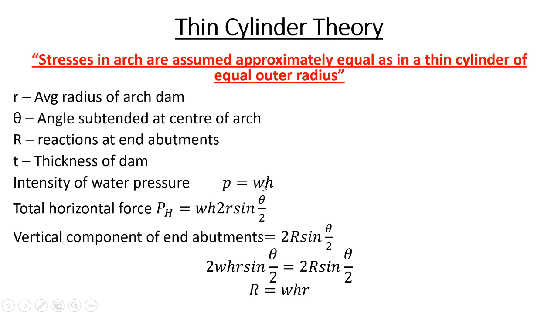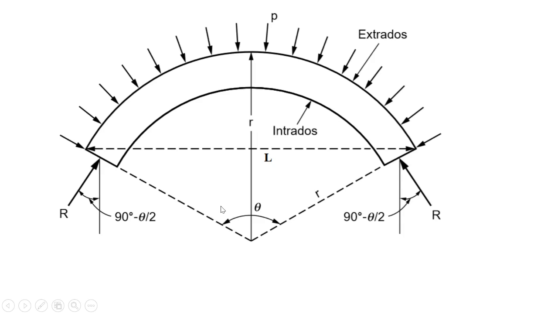Here wh is the intensity, and the projected area means projected length into width.